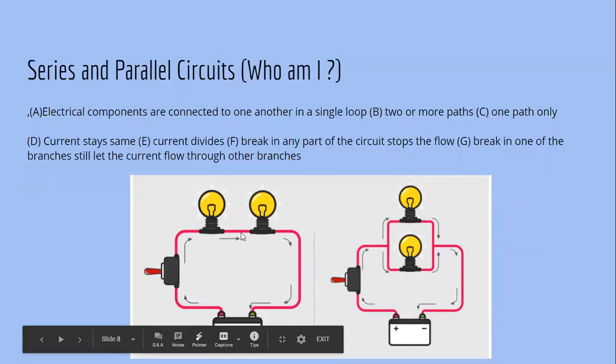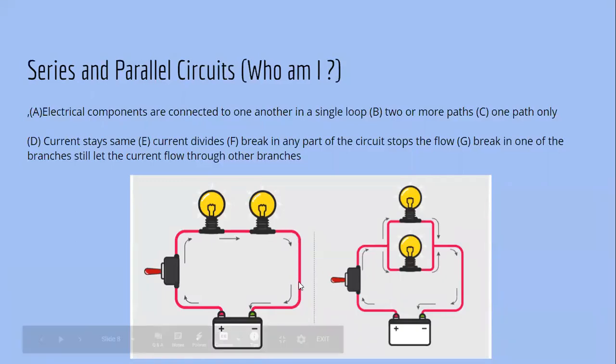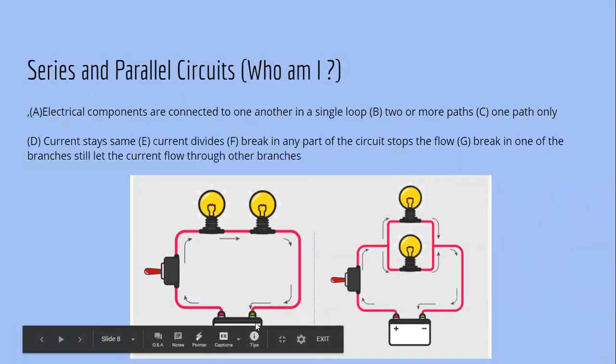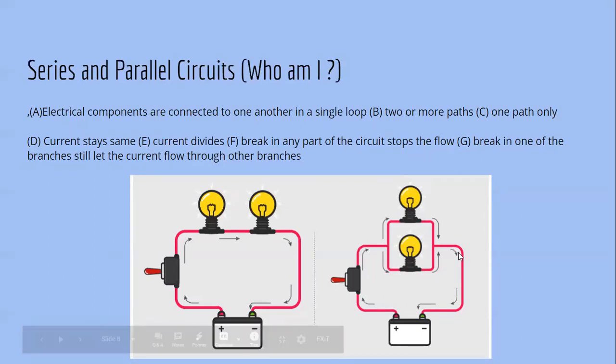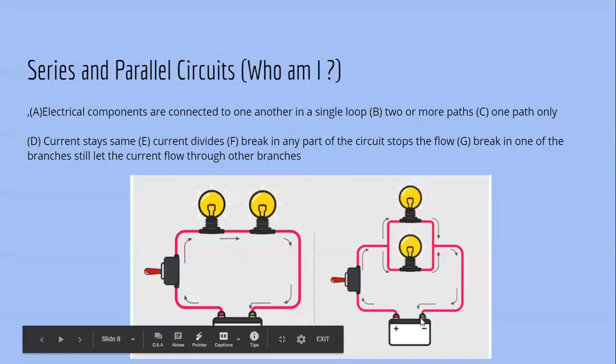Now, do you observe that there's one path between the positive and the negative terminal? But when you adopt this path, you see that this path further splits into 2 paths, right? So one way through which you can reach the negative terminal is this, and the other way is through this path.